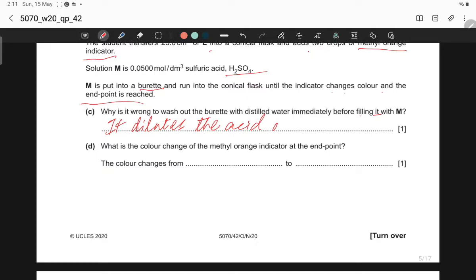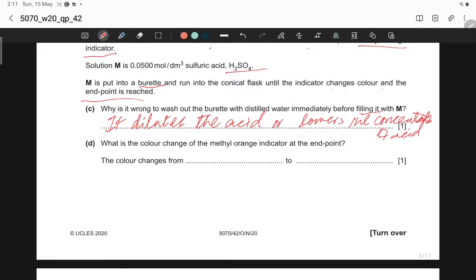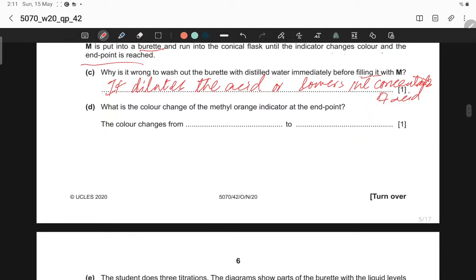Or lowers the concentration of acid. What is the color change of the methyl orange indicator at the end point?